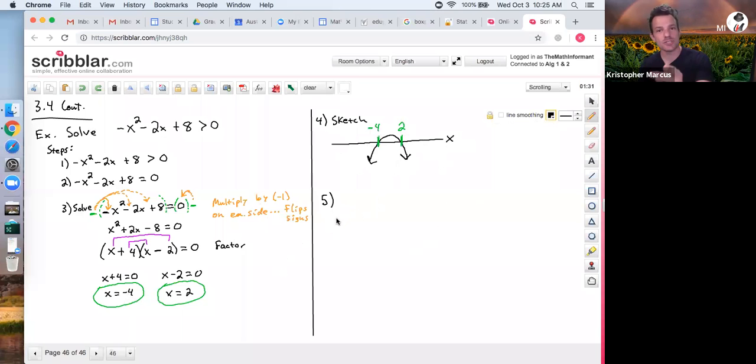We need to use the graph in step 4 to figure out what step 1's solution would be.